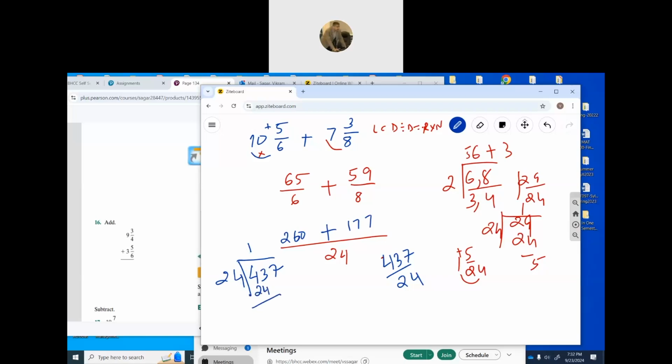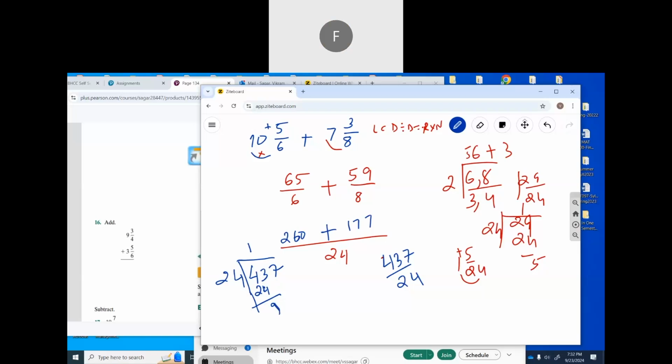Let's say 24 here. 43 minus 24 is 19. 9 here.